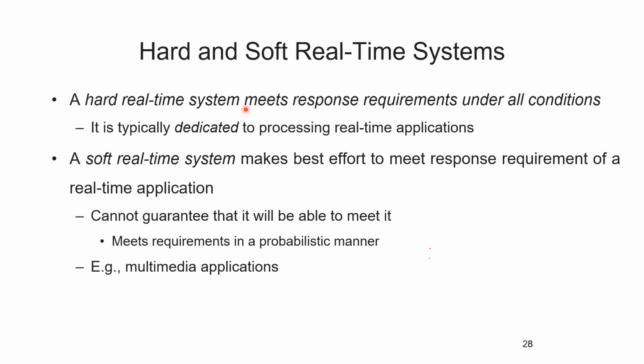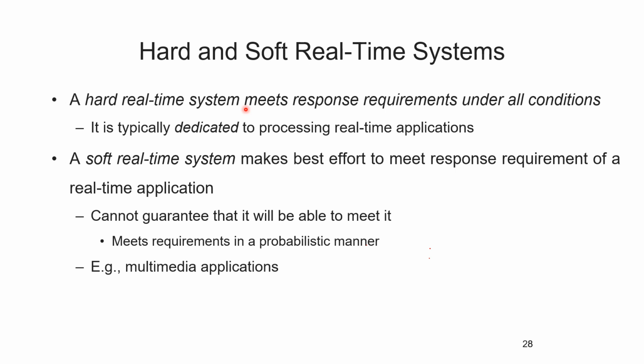It is typically dedicated to processing real-time applications. And then the soft real-time system makes the best effort to meet the response requirement of real-time applications. It will put in the effort to meet the real-time response time. If the response requirement time is not achieved and it cannot complete within that, there is no problem. That particular output may be acceptable, and there is no huge damage.